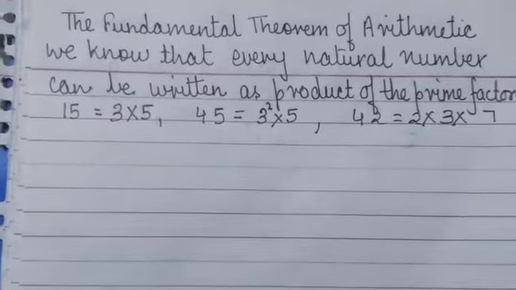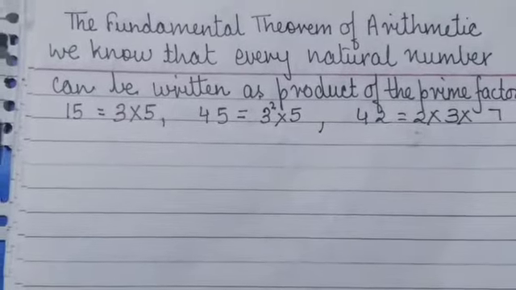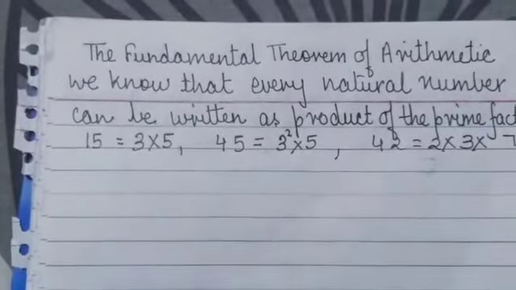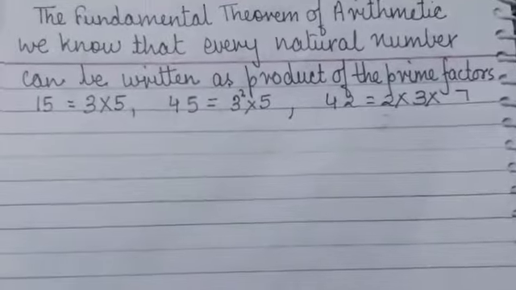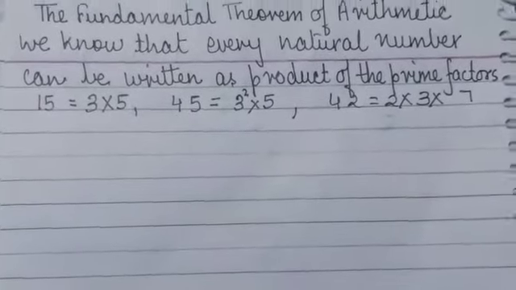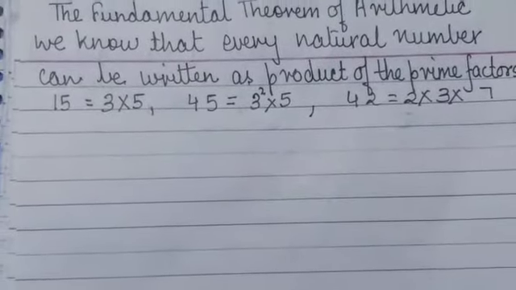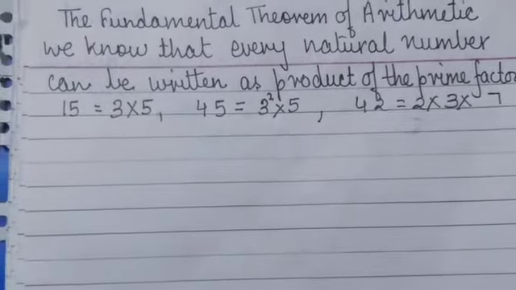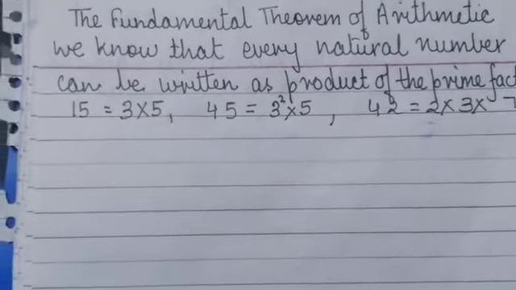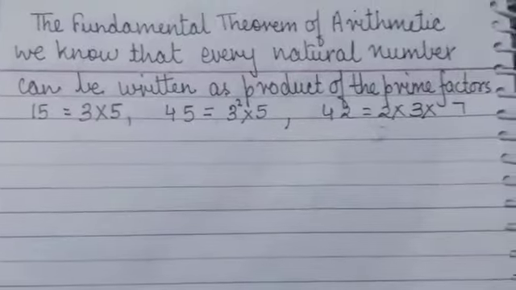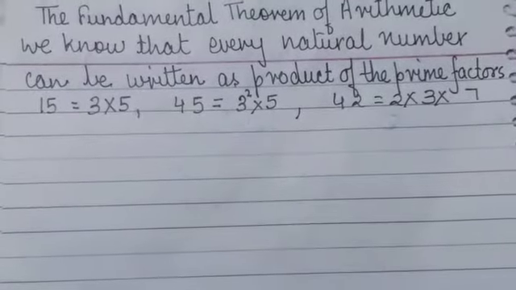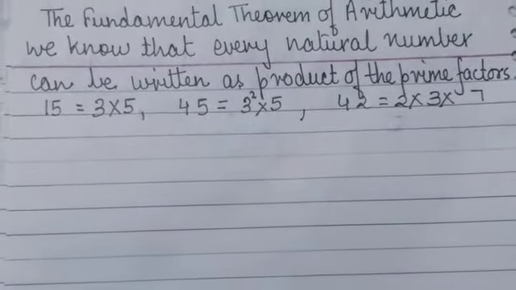From the above, we observe that 15, 45, 42, all these are composite numbers and they can be expressed as the product of prime numbers. In fact, every composite number can be written as the product of powers of prime numbers.